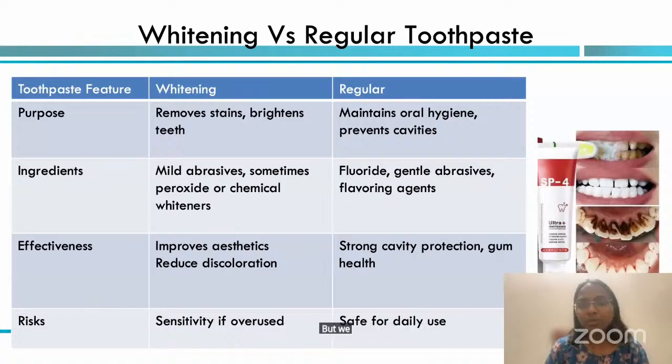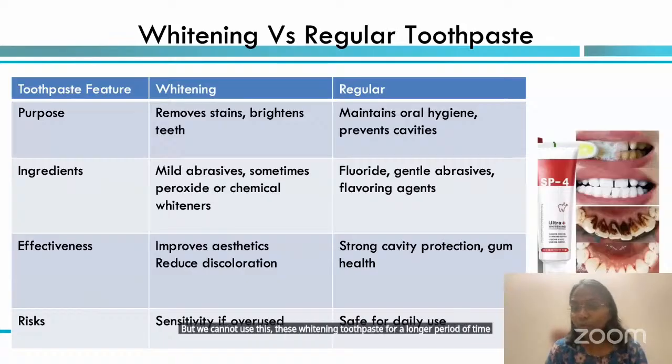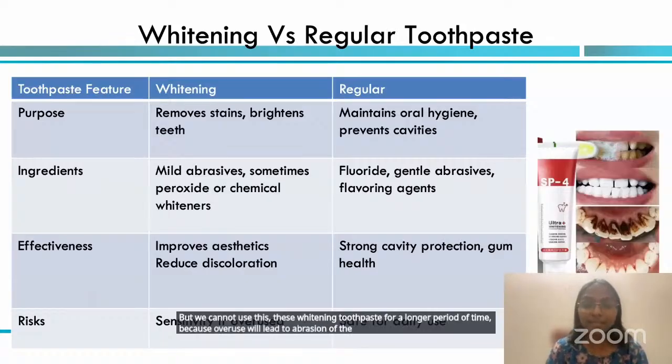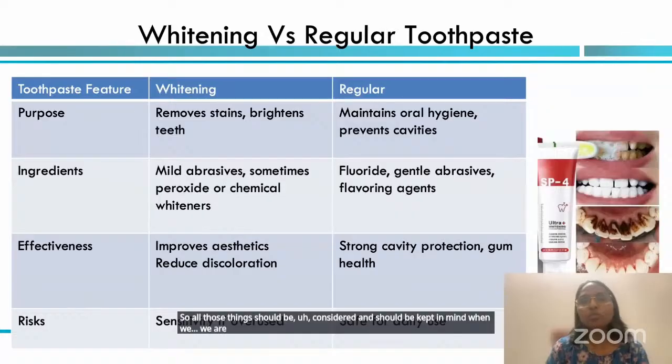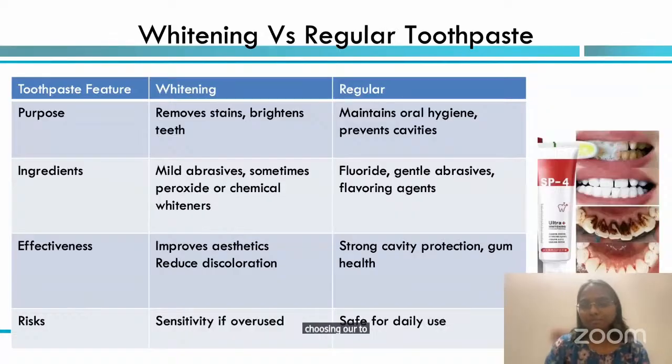But we cannot use them for a longer period of time, because overuse will lead to abrasion of the teeth and sensitivity, whereas a regular toothpaste is safe and prepared for our daily use. All those things should be kept in mind when we are choosing our toothpaste.